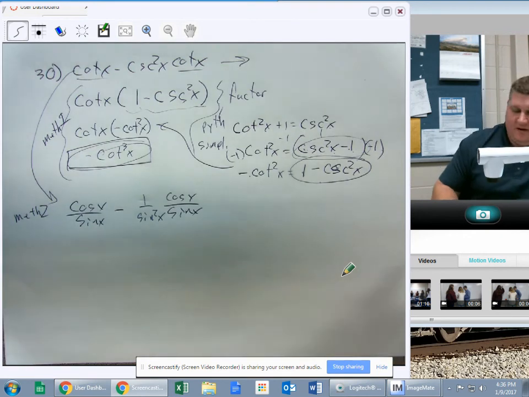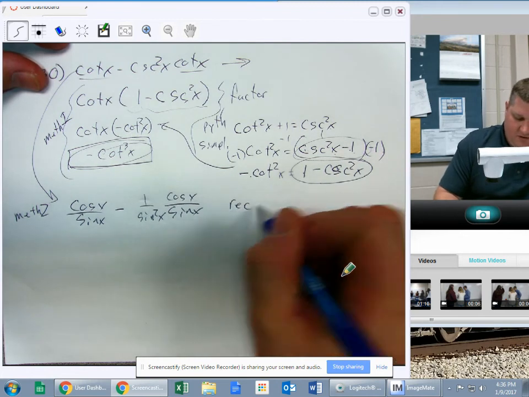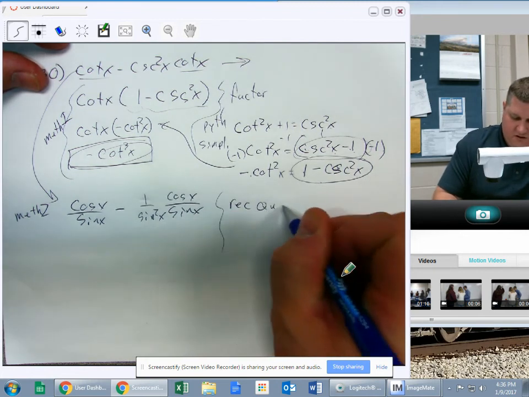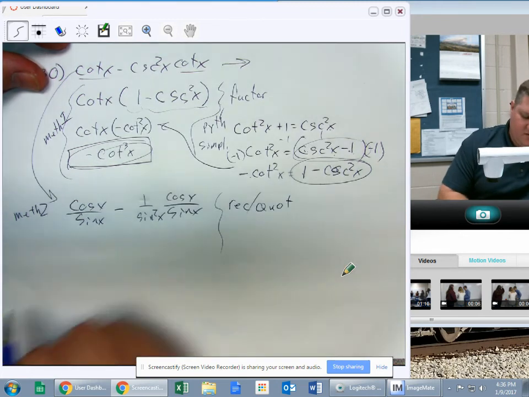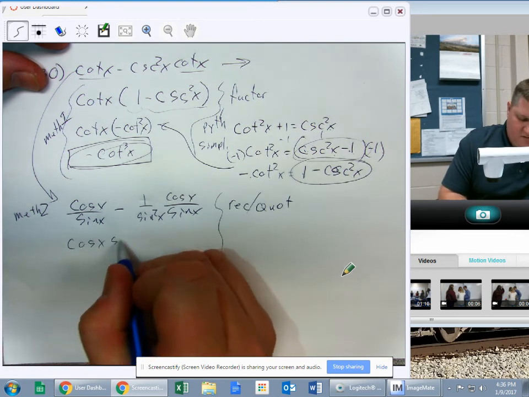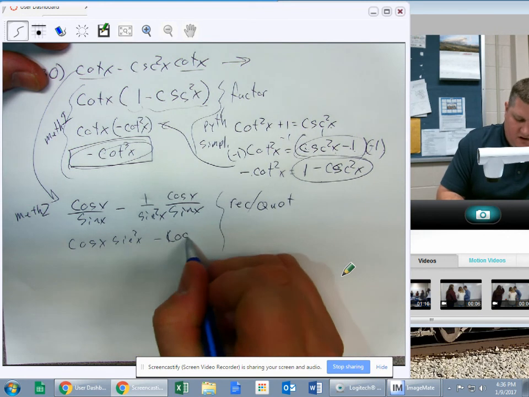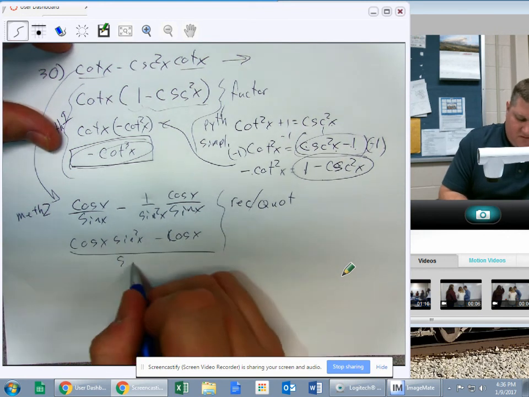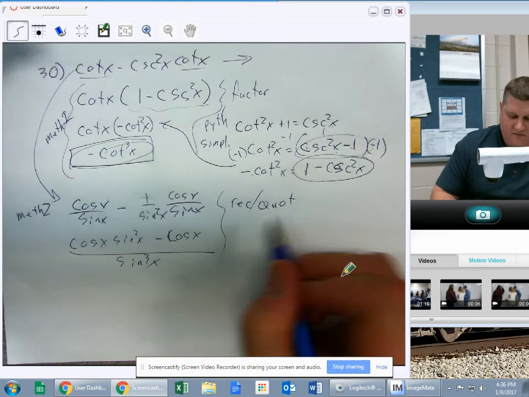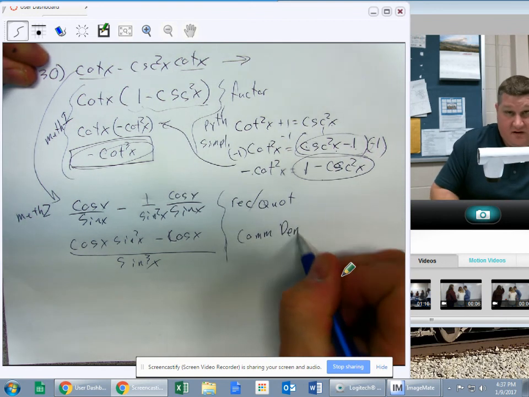Now, at this point, we could say, well, okay, by reciprocal and quotient, there you go. We get those two. Now let's find common denominators, cosine x, sine squared x minus 1 minus a cosine x all over sine cubed x. And that's just by common denominators.